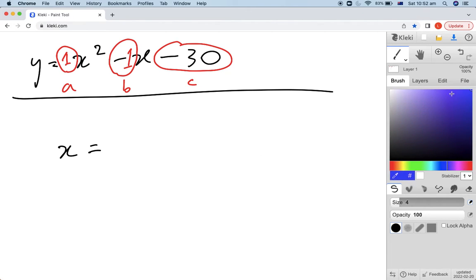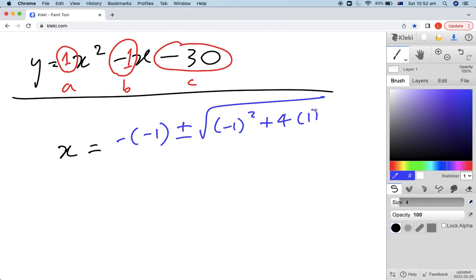Now plugging it into the quadratic formula, it's minus b, so minus bracket minus 1, plus minus the square root of b squared, so minus 1 squared, plus 4 times 1 times c, which is minus 30. All divided by 2a, which is 2 times 1.